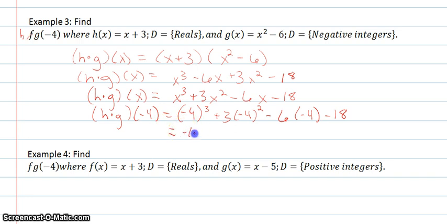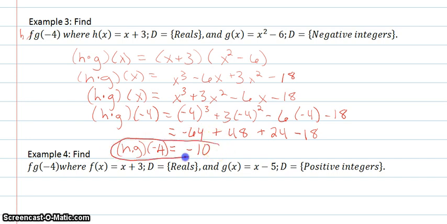So that'd be a negative 64 plus 48 plus 24 minus 18. So then this gives us a negative 10, so h times g of negative 4 equals a negative 10. And that would be our answer.